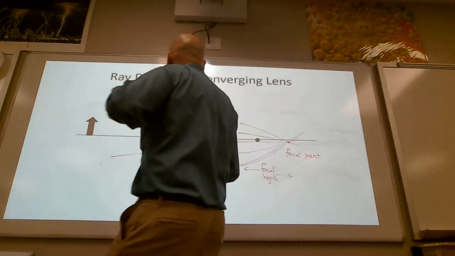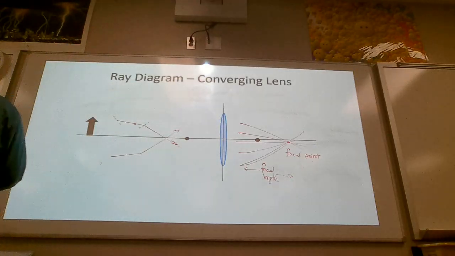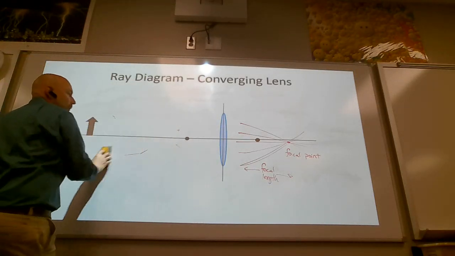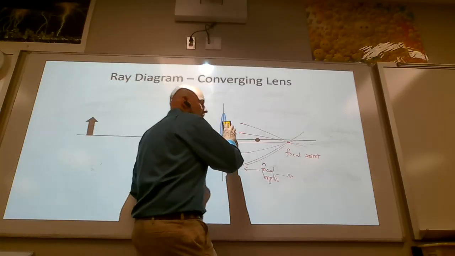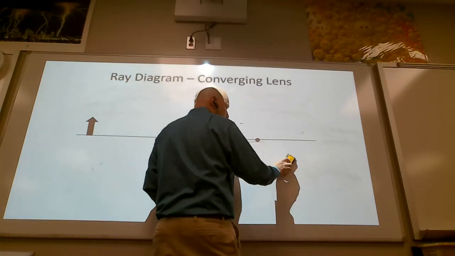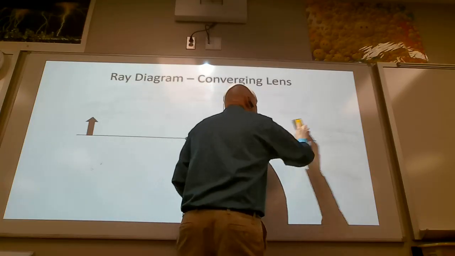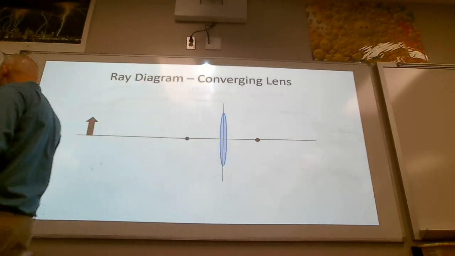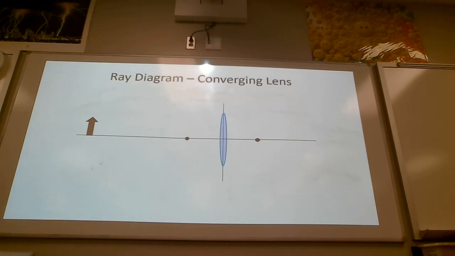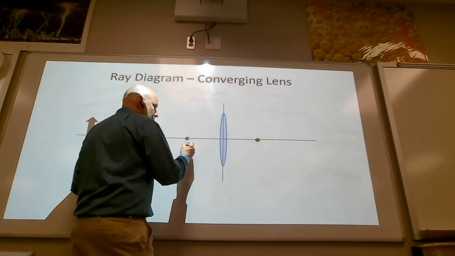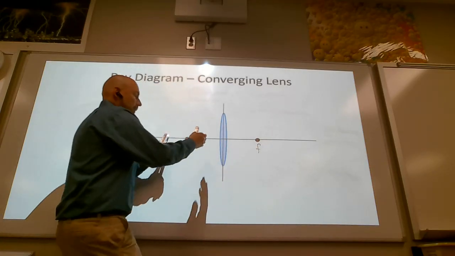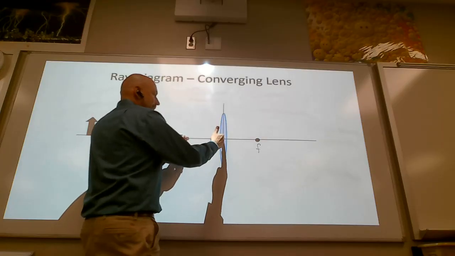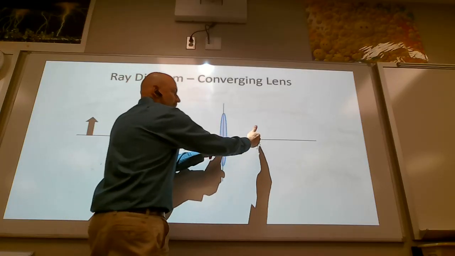All right, so if we have to figure out what image is going to be formed, I'm going to give you two different ways to do that. First way is with a ray diagram. So if you're drawing this in your notes, a very important dimension here is that this focal length needs to be identical to this focal length.